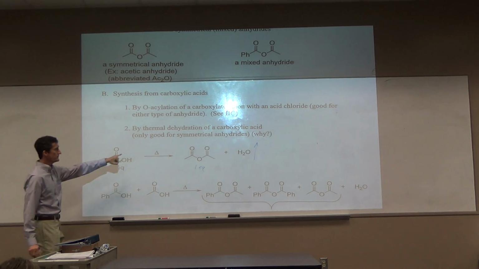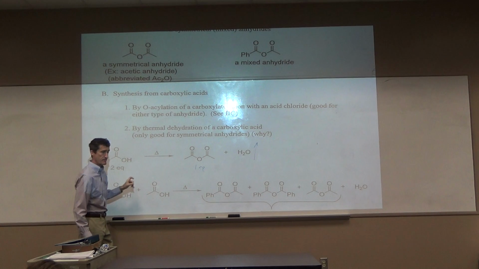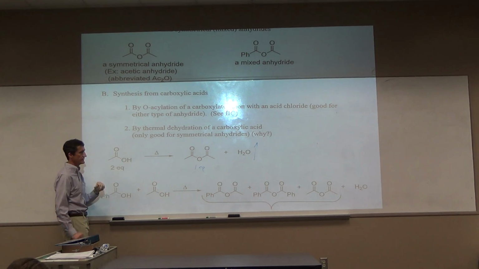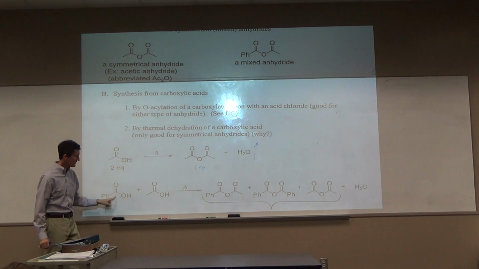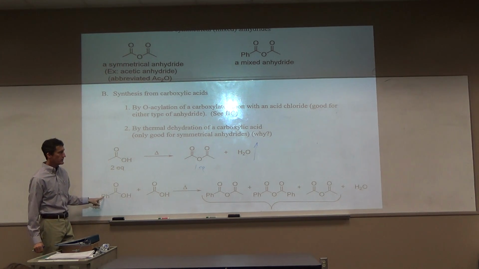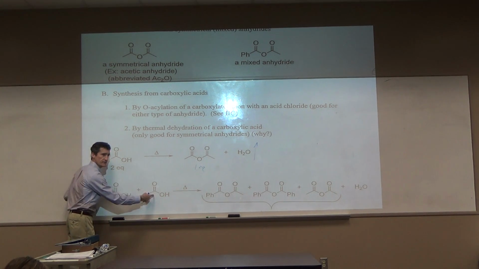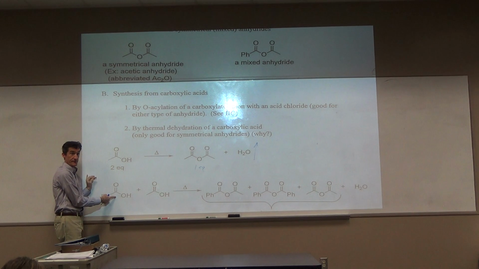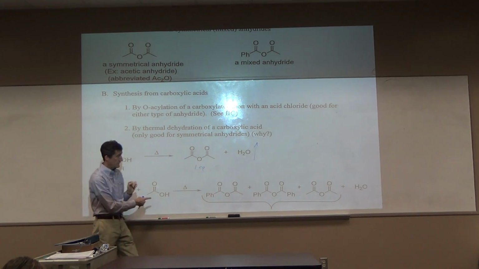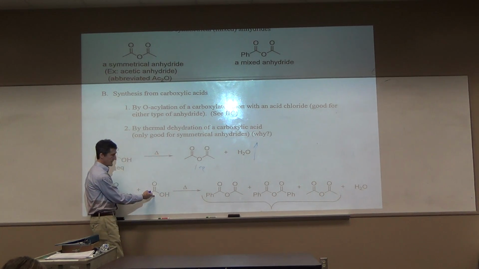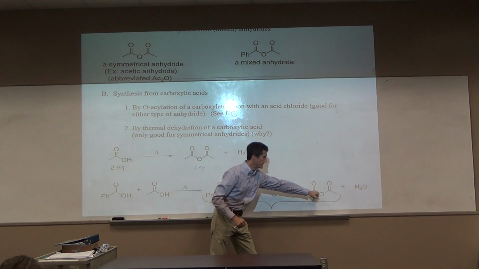This only works for symmetrical anhydrides. You just take acetic acid and heat it up, and you can get that product. If you take 2 different acids, you're going to get a mess. Because what can happen? You've got both of these in the flask. This could react with itself, giving this symmetrical anhydride. This could react with itself, giving acetic anhydride.